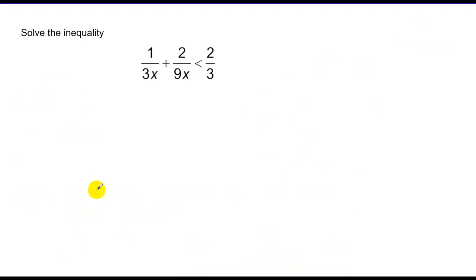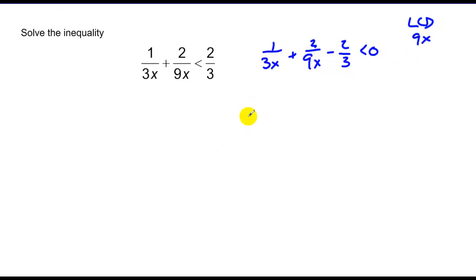Let's do a couple more examples. Again, we're going to set aside equal to 0. So in this case, I have 1 over 3x plus 2 over 9x minus 2/3 less than 0. LCD in this case is 9x. So I will change my denominator to 9x.